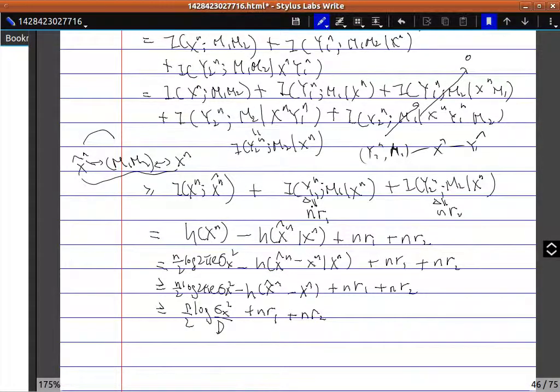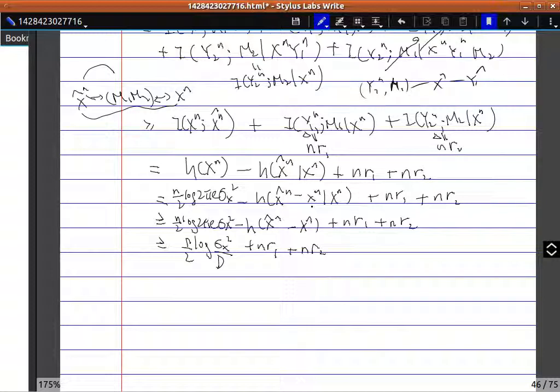So I have that, and then I can revise this as h(xn) minus h(xn hat given xn), and given xn here, xn is just a constant, I can add minus xn here. Then I can remove this conditioning here.